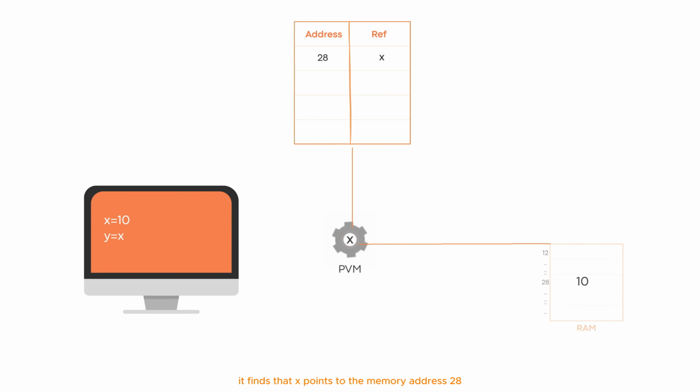It finds that x points to the memory address 28. Crucially, it does not create a new object since we didn't provide a new value. It then looks at the left-hand side, y. It simply adds a new entry for y to the namespace table, pointing it to the same existing address.